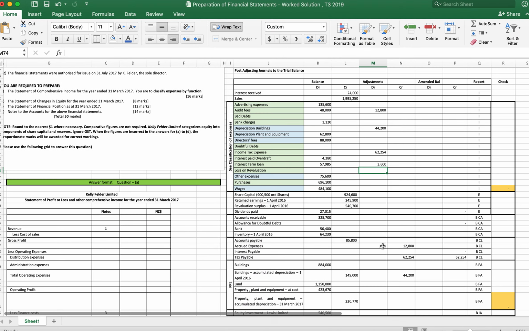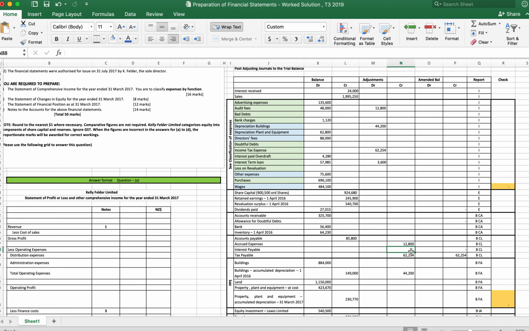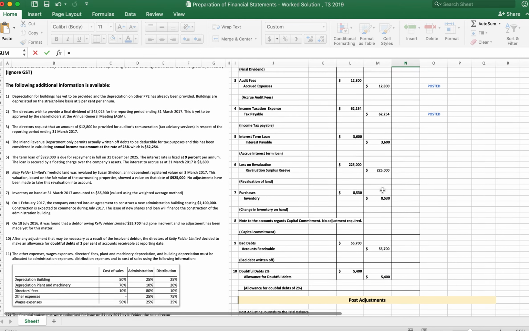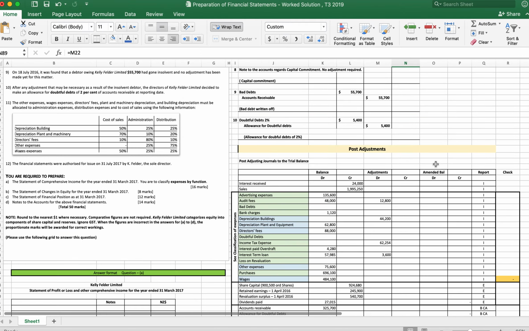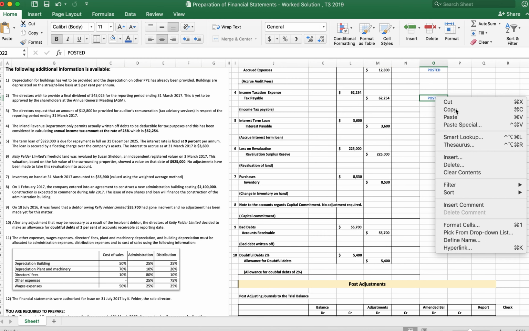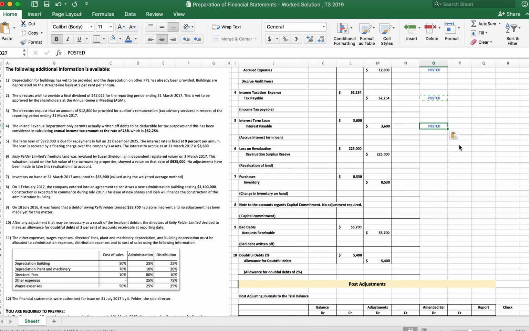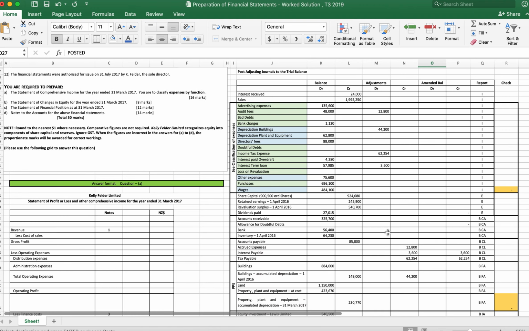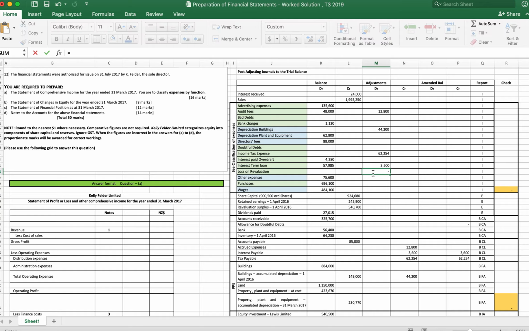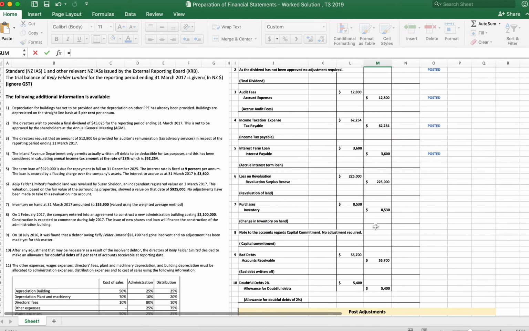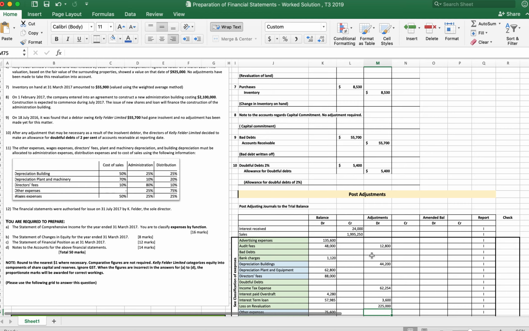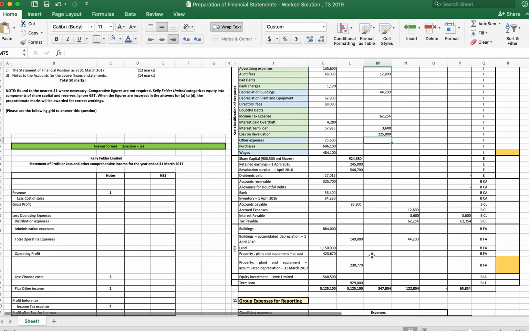Interest on the term loan, interest payable. Right, so that goes to there.